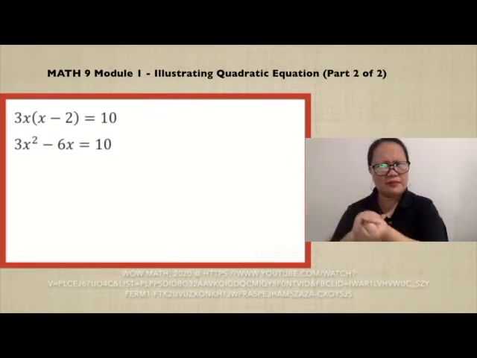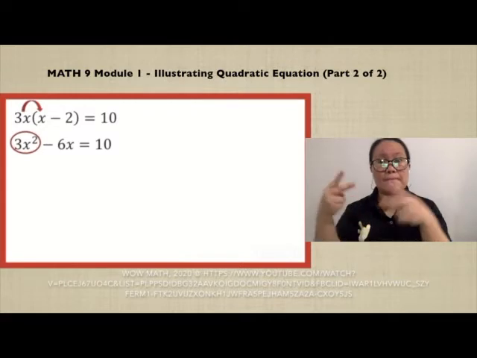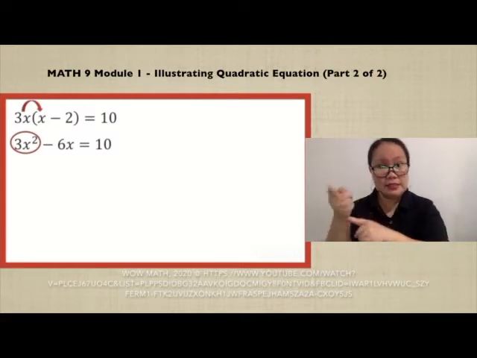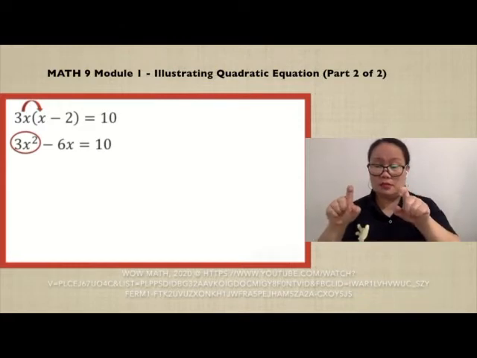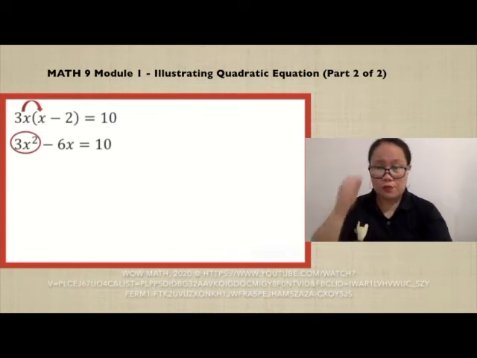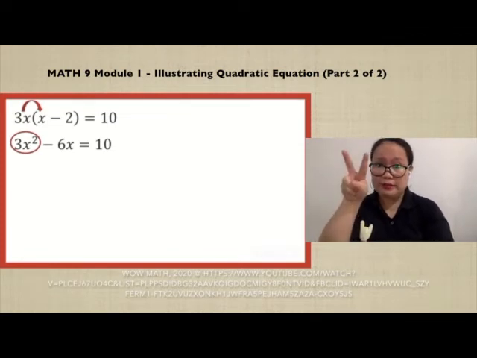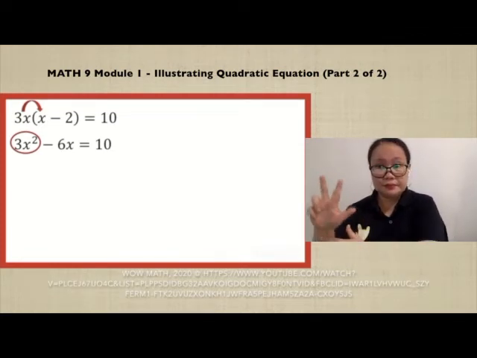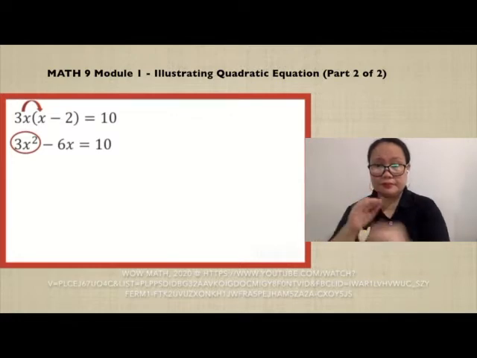Paano siya naging 3x squared? Multiply natin si 3x times x. So when we are multiplying the variable, we are adding its exponent. So since meron tayong x sa labas at sa loob, magiging 2 na siya. So squared. So 3 times 1, that is 3, x and x, that is x squared.